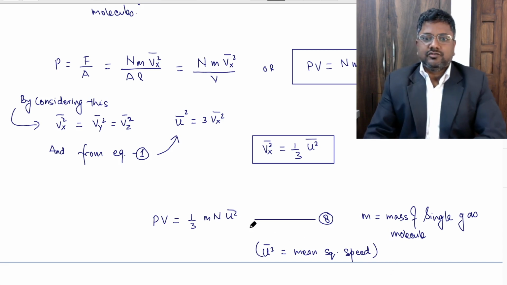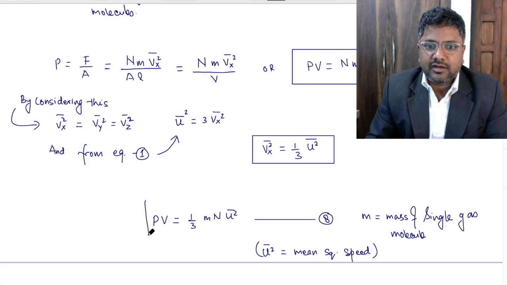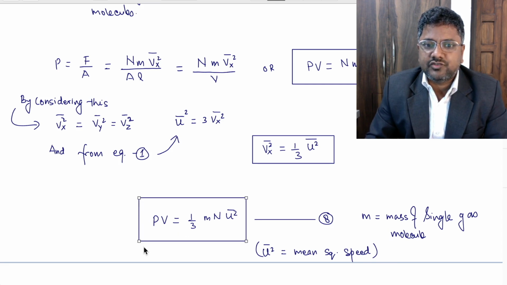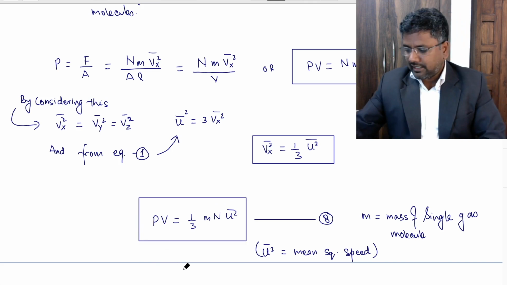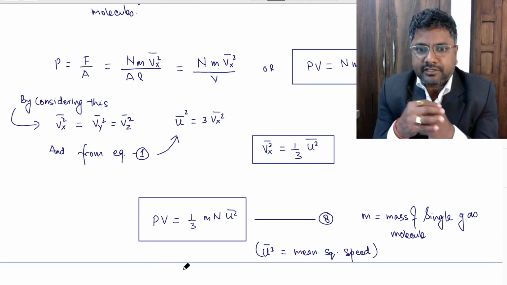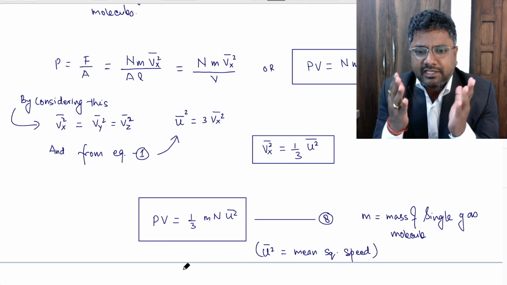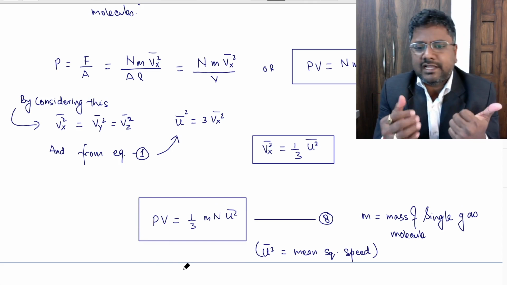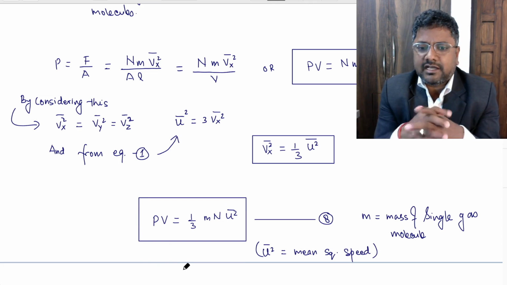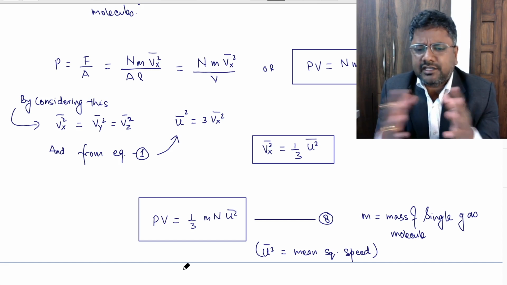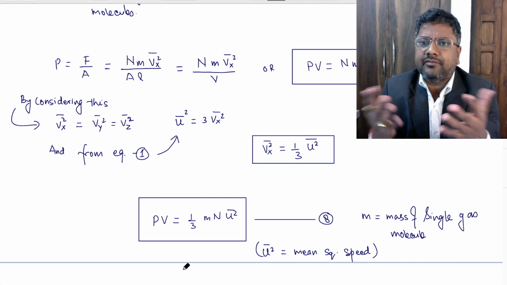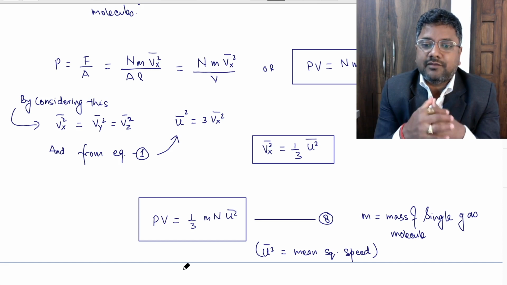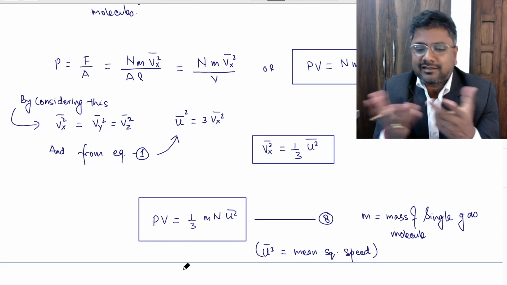Right? So this is the formula for pressure. Everybody should note down this formula, and this is a very important formula. By using this formula, you can prove Boyle's law, you can prove Charles' law, you can define energy, everything you have defined with the help of the equation of state at relatively low pressure.